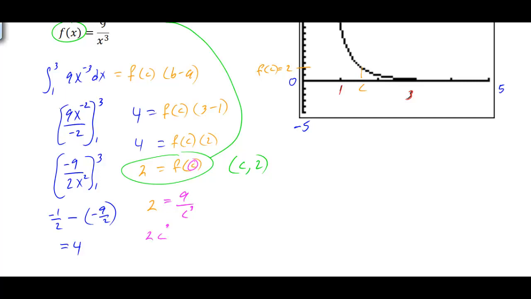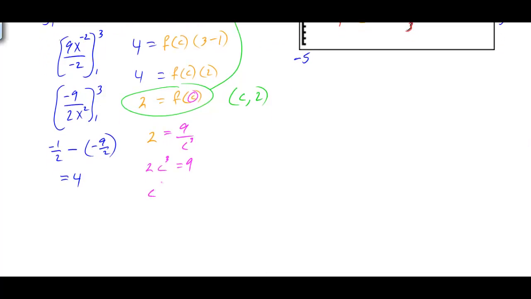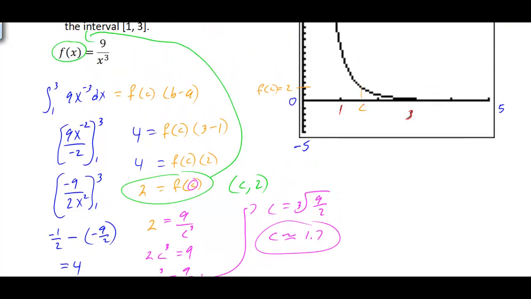We have 2c cubed equals 9. So that means c cubed would be equal to 9 halves. Or if we take the cube root, c is equal to the cube root of 9 halves, which we'll round to about 1.7. So that is our c value.